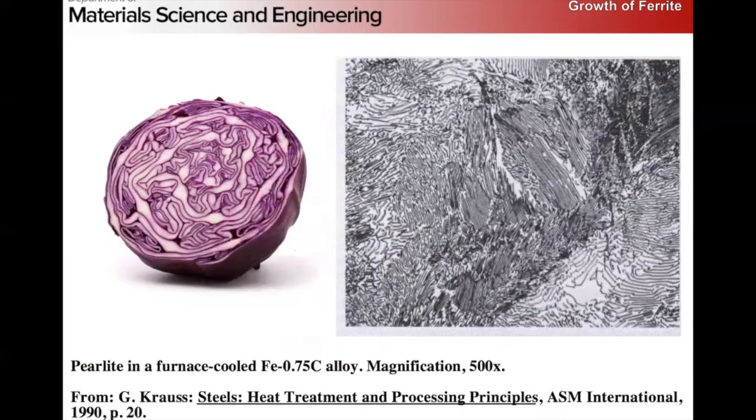You don't normally see cabbages that are elongated, just as we see colonies of perlite that tend to be equiaxed as well. In this image, the red from the cabbage would be the cementite, and the white would be the ferrite.